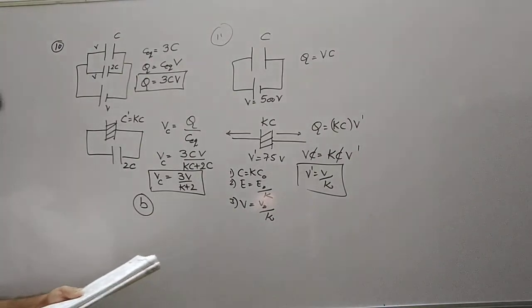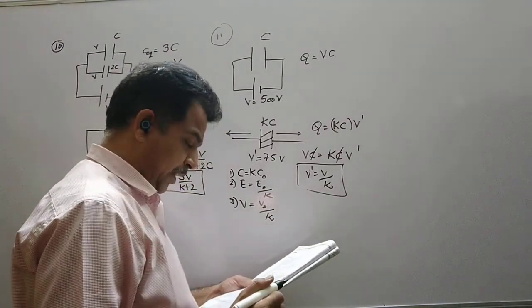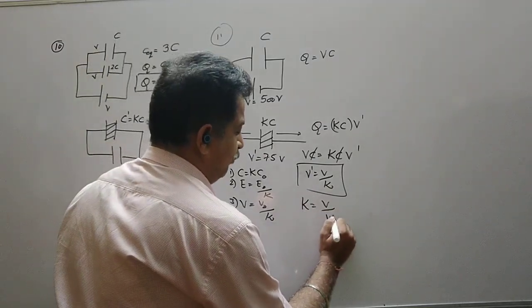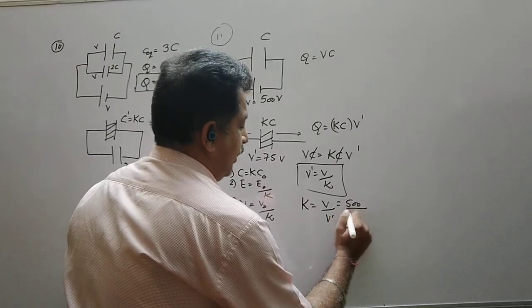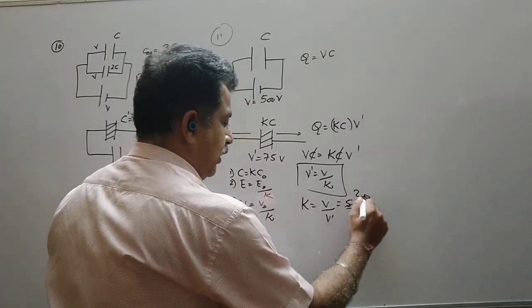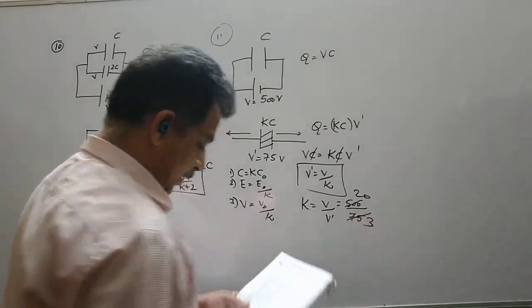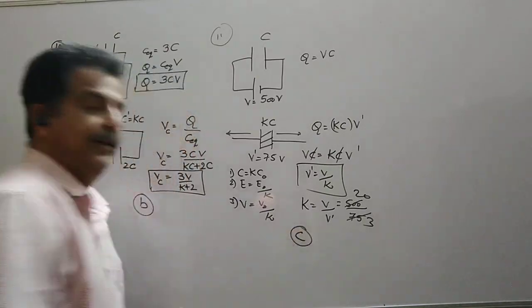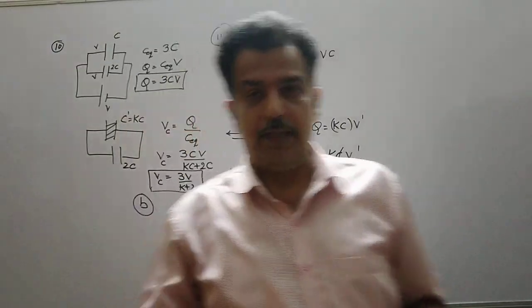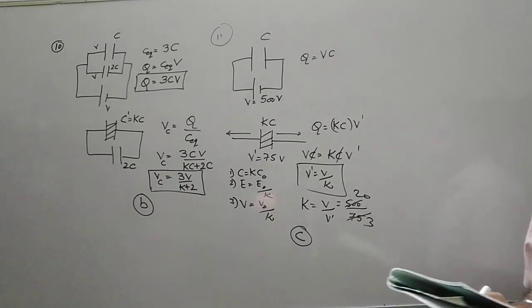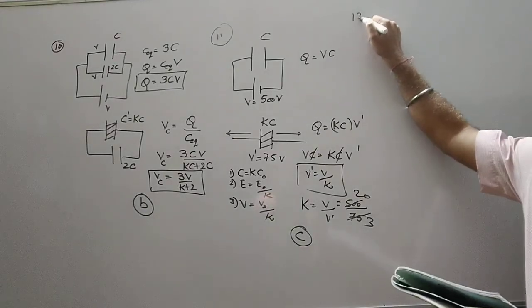Here we have to find the dielectric constant. So K is equal to V upon V dash, that is 500 divided by 75. So it becomes 20 by 3. That is option number C. So you can directly apply the formula: potential becomes 1 upon K times. MCQ number 12.